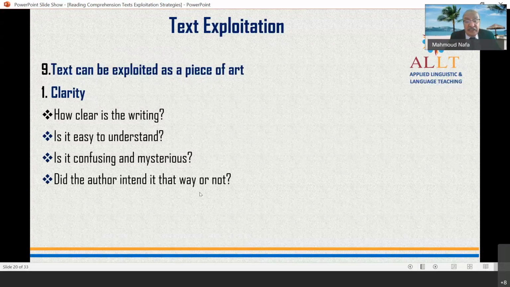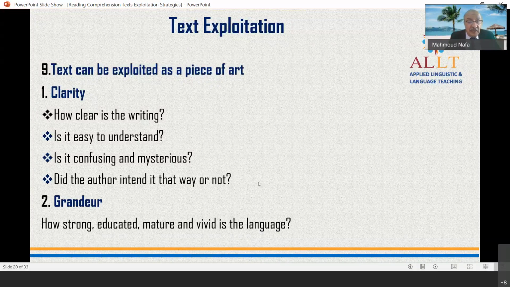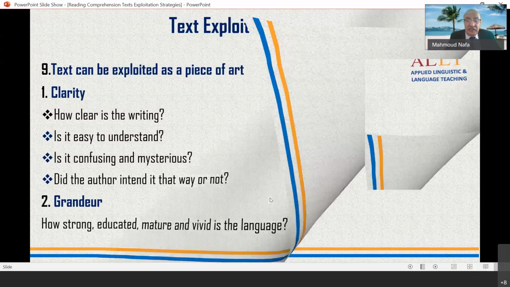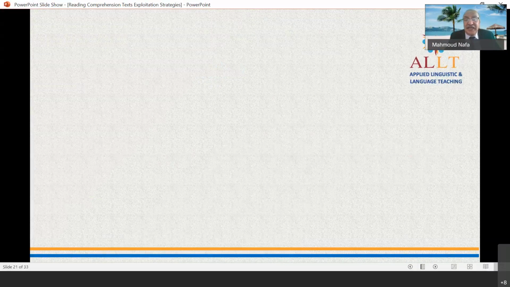Did the author intend it that way or not? Grandeur. How strong, educated, mature is the language? Is the language strong? Slang? Weak? Does it have lexical or syntactic complexity? I mean, does it have only simple sentences, compound sentences, just complex sentences, or a mixture?